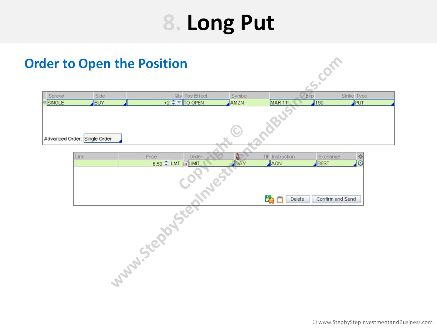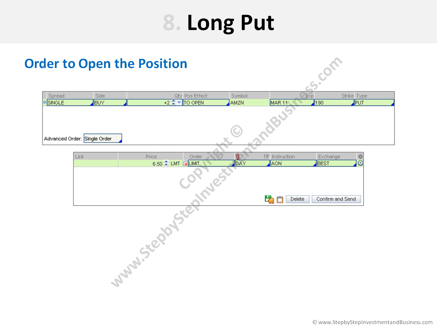Here we can see the order we must enter to open the position. It consists of buying 2 Amazon puts with a strike price of $190 and expiration in March 2011.